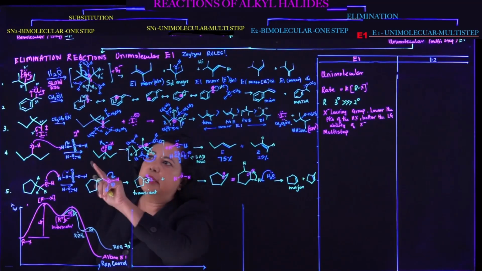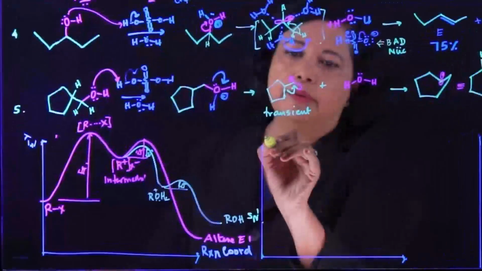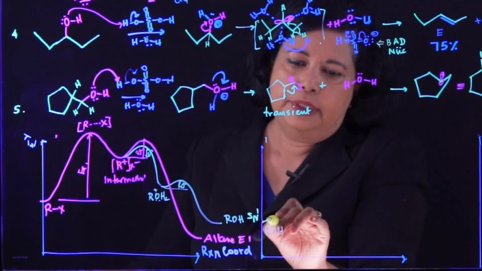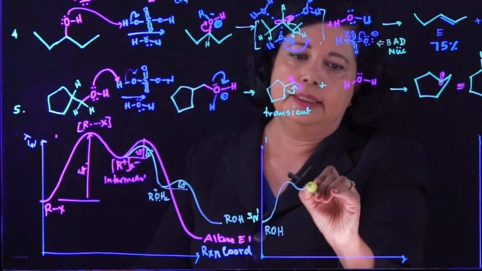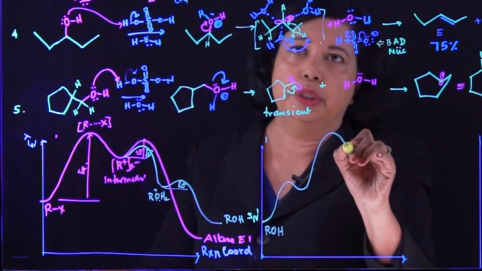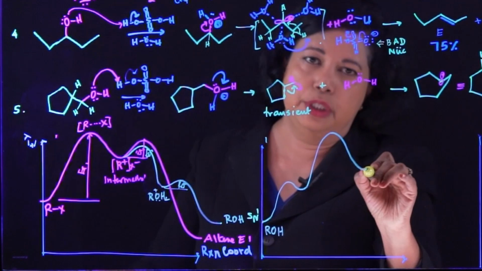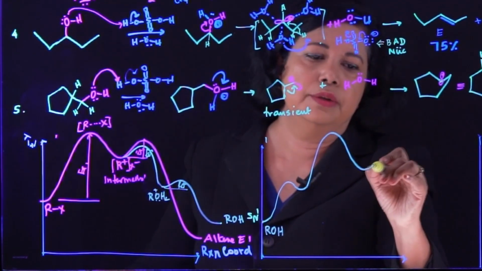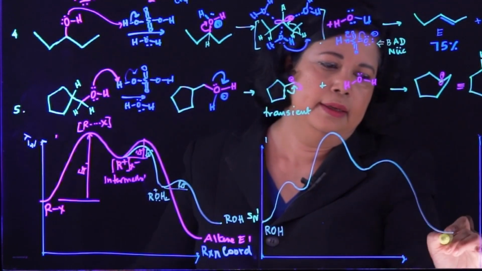So for this reaction, for the alcohols, let me put ROH here. The first step is a small step, and then the second one is the heart-wrenching one. Then you form a high-energy carbocation. Then you're going to have to pull those beta hydrogens out to get your alkene.